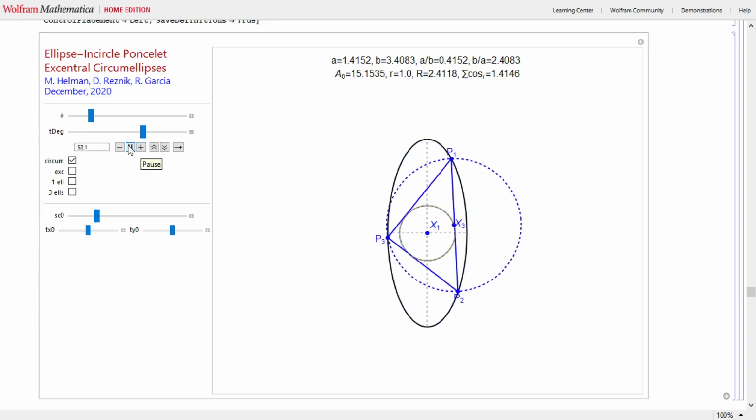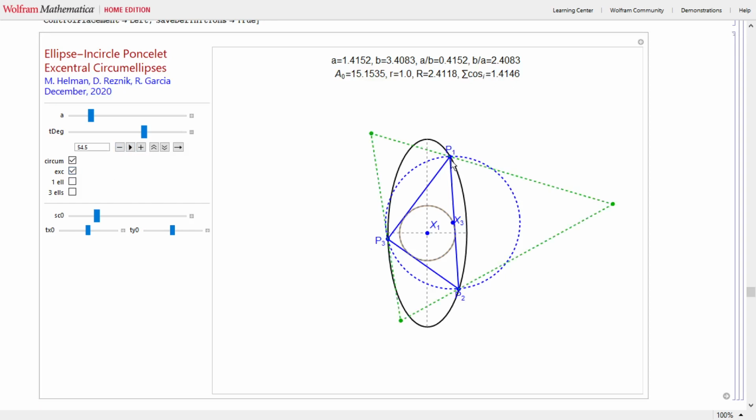Okay, now we want to talk about excentral circumhyperbolas or circumellipses. What is an excentral circumellipse? Let's draw the three excenters. The three excenters are the vertices of the so-called excentral triangle, whose sides are perpendicular to the bisectors at each vertex.